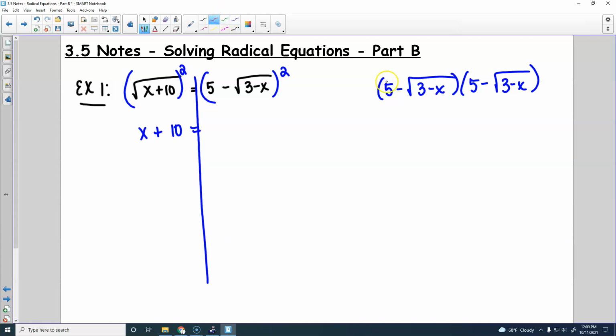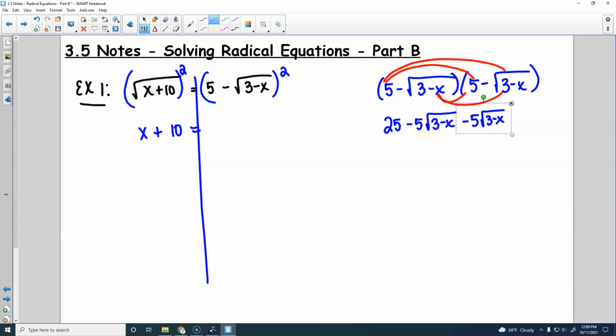So if I multiply here, I'd get 25. If I multiply here, I get 5 times square root of 3 minus x. So we just have to write it like that, 5 square root of 3 minus x. Then for the inside terms, I'd get another 5 square root of 3 minus x. And then for the last ones, what's going to happen when I multiply square root by that same square root?